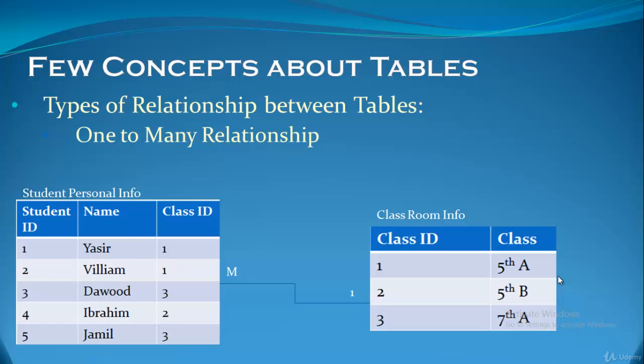Like class ID 1 contains 5th A, class ID 2 has 5th B, class ID 3 has 7th A. However, in students personal information, class ID which is referred to as a foreign key is being repeated for different students. This is a typical example of one-to-many relationship.